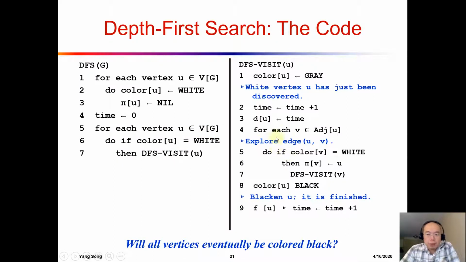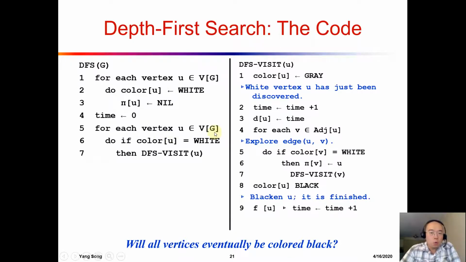And the second iteration is visiting all the adjacent nodes of the node u, and if the color is white, we do a DFS visit. So there are two places. The one on the right side only visits the adjacent nodes of the current node u. However, on the left side, we have an iteration that guarantees we will visit all the nodes in the graph.